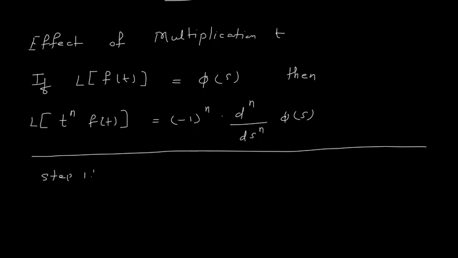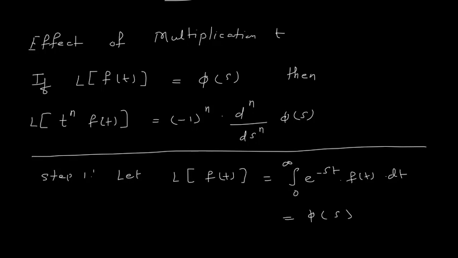We consider, let Laplace of f of t, by definition, is equal to the integral from 0 to infinity of e raised to minus st into f of t dt, as phi of s.